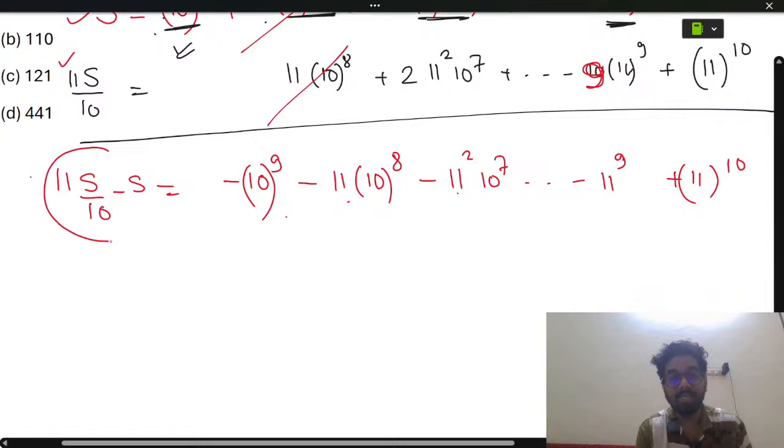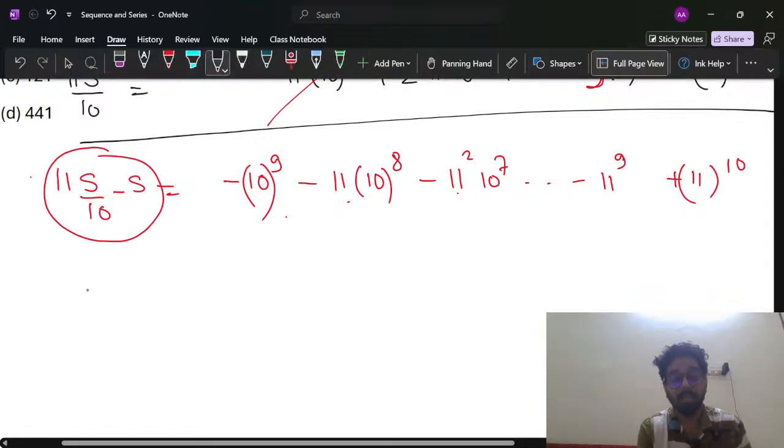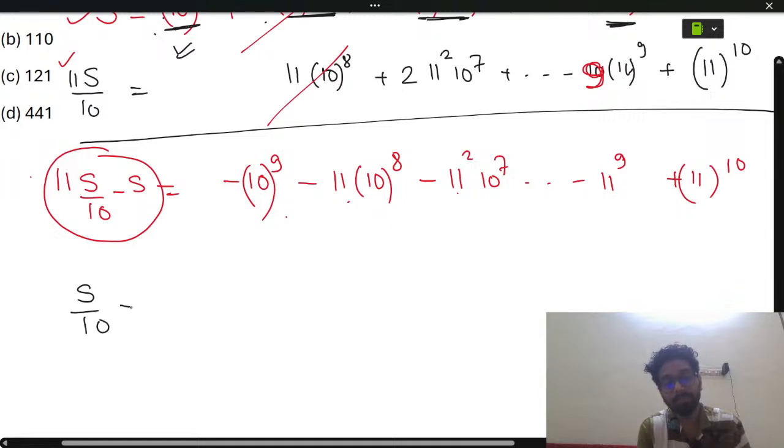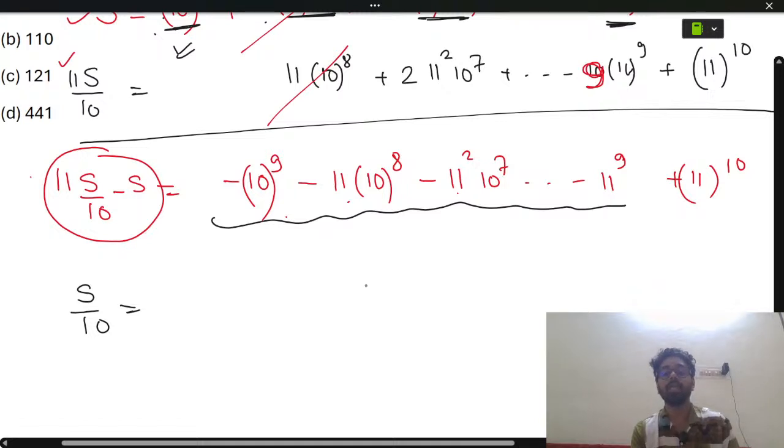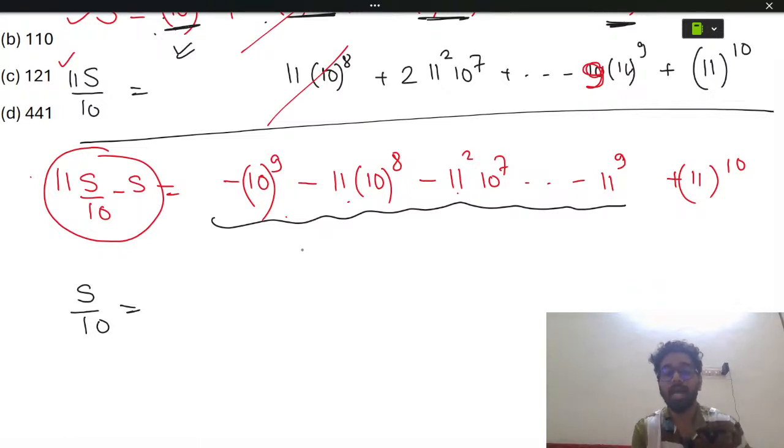What exactly is this? 11 S by 10 minus S is S by 10. And in this portion, I will check the ratio part. The ratio in this case is 11 by 10 once again. So this is the first term. Multiply by 11 by 10, you will have this. Multiply by 11 by 10, you will have this.